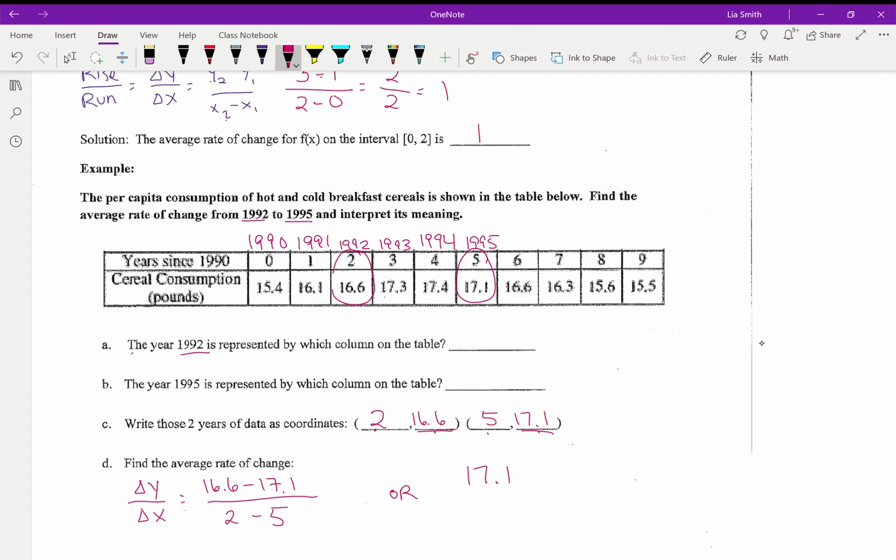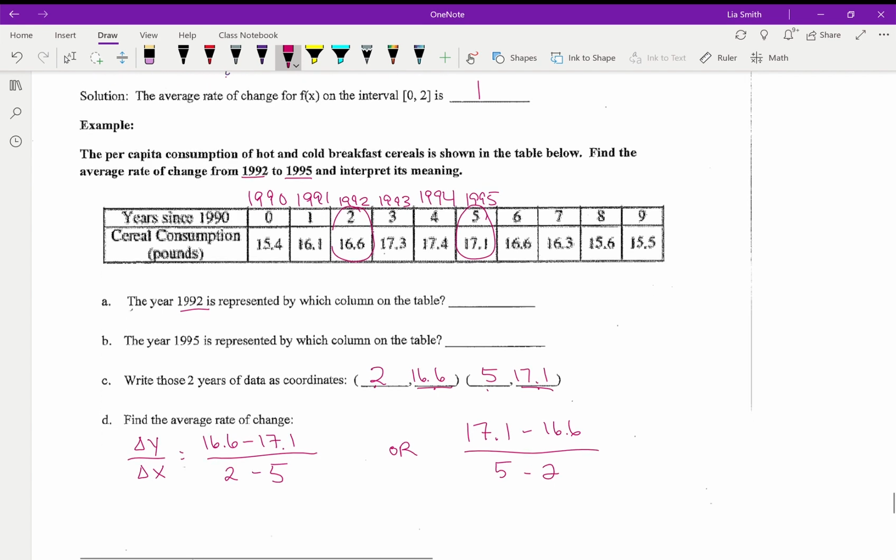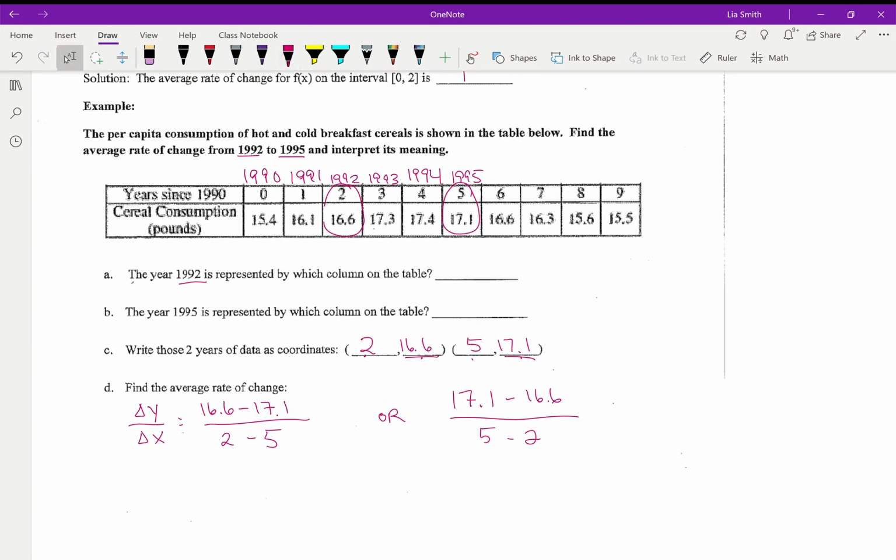If I go 17.1 minus 16.6 and then switch the bottom 2, let's see what happens. So if I do that, I get 16.6 minus 17.1 and I get negative 1/2. And then 2 minus 5 gives me negative 3. If I put that in my calculator, that simplifies to 1/6.